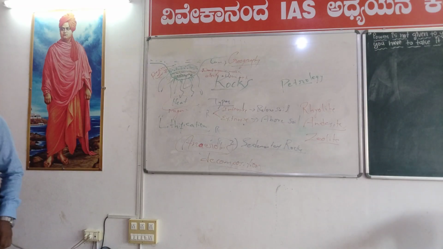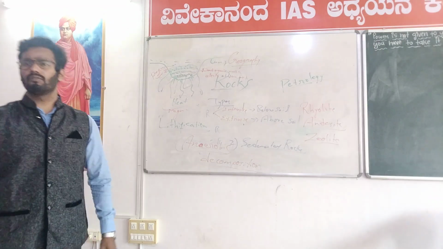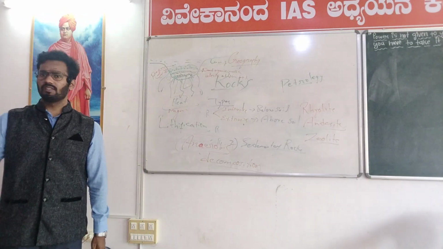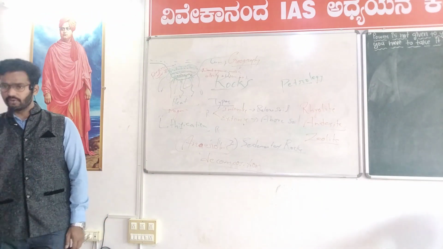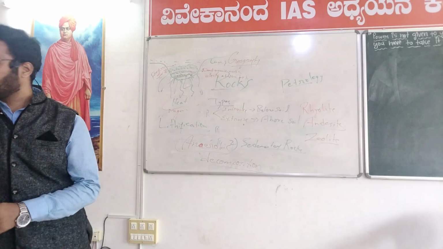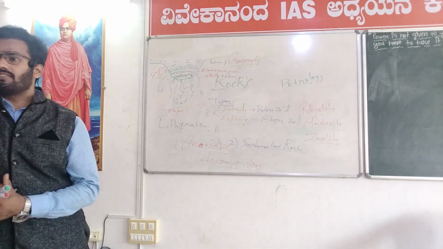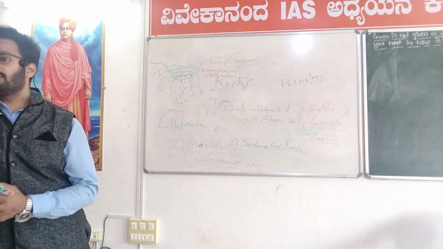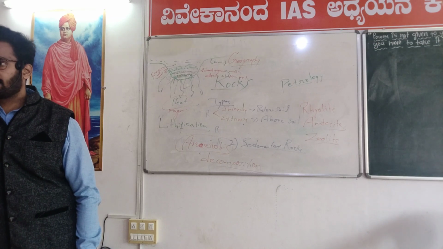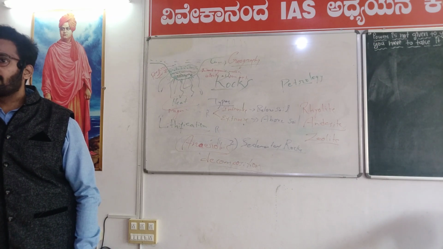So what happens? When anaerobic decomposition happens, hydrocarbons are produced. What are the hydrocarbons? Methane, ethane, propane, butane. Hydrocarbons are produced, and that itself is natural gas, right? Propane and butane are nothing but our LPG. And what sediments are helpful for this?